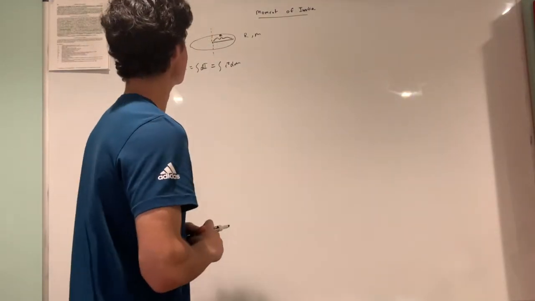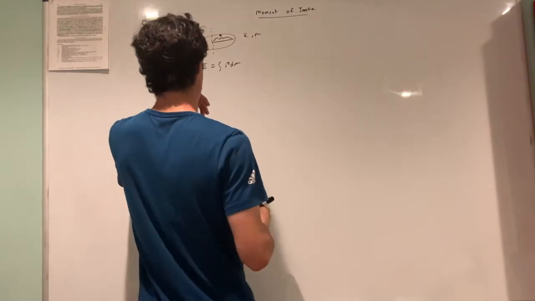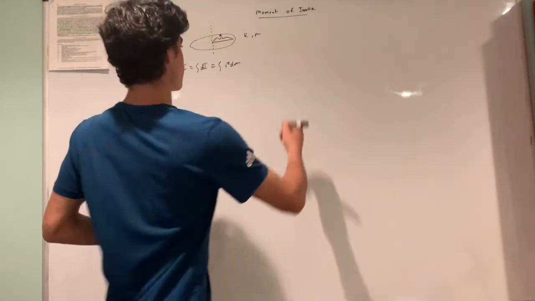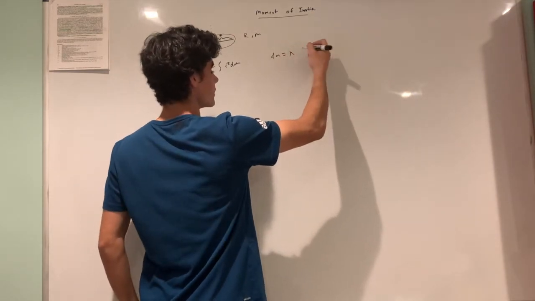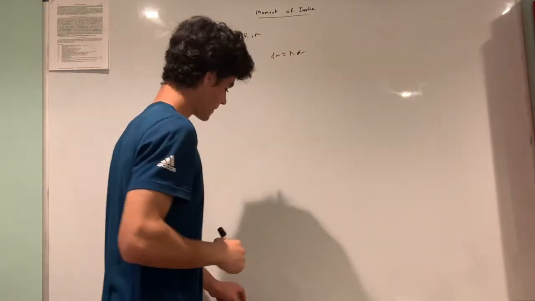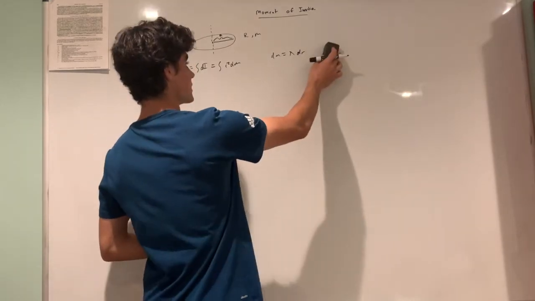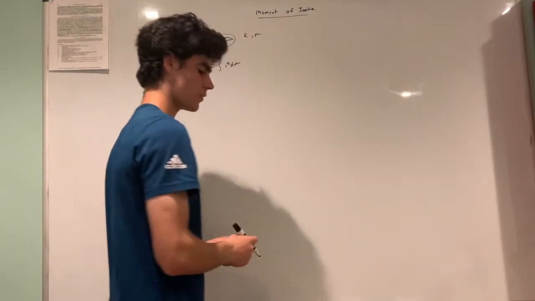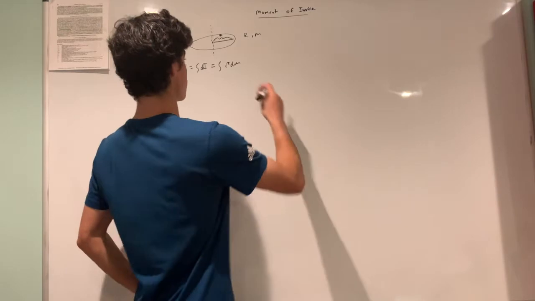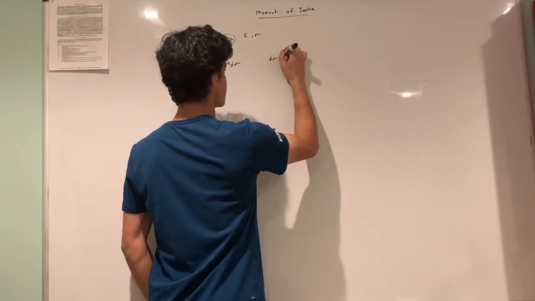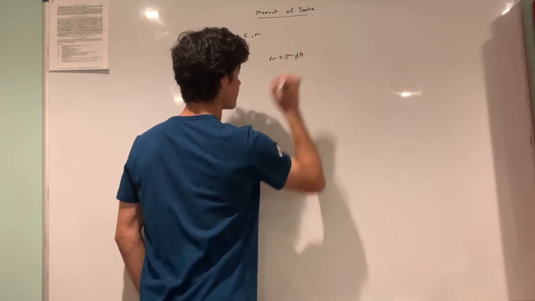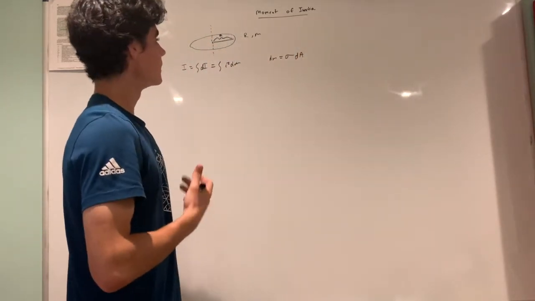Now, before, when we were looking at the rod, we could write out that dm is equal to the linear density times dr. In this case, we're looking at area density. Instead of linear density, we're going to look at the density over an area of this solid disk. So we're going to have sigma to represent that, and dm is sigma dA, over that area.